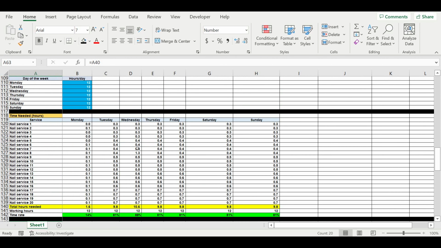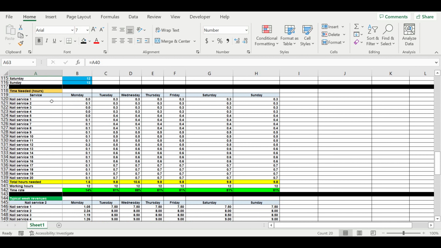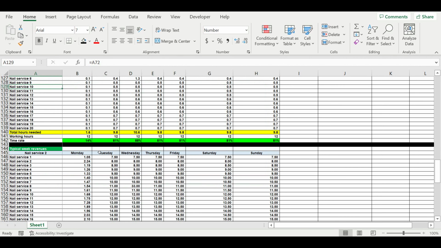And then we calculated the amount of time that we need to produce the nail services that we're going to give to our customers.